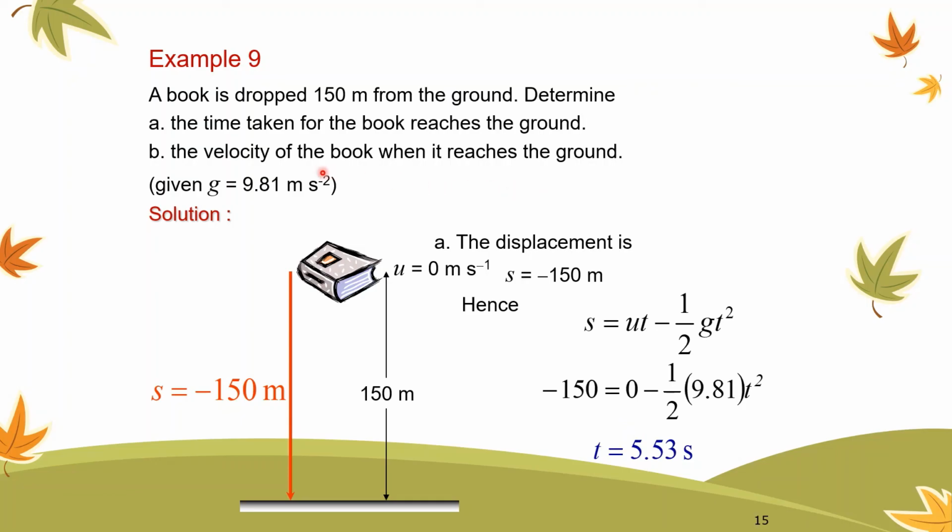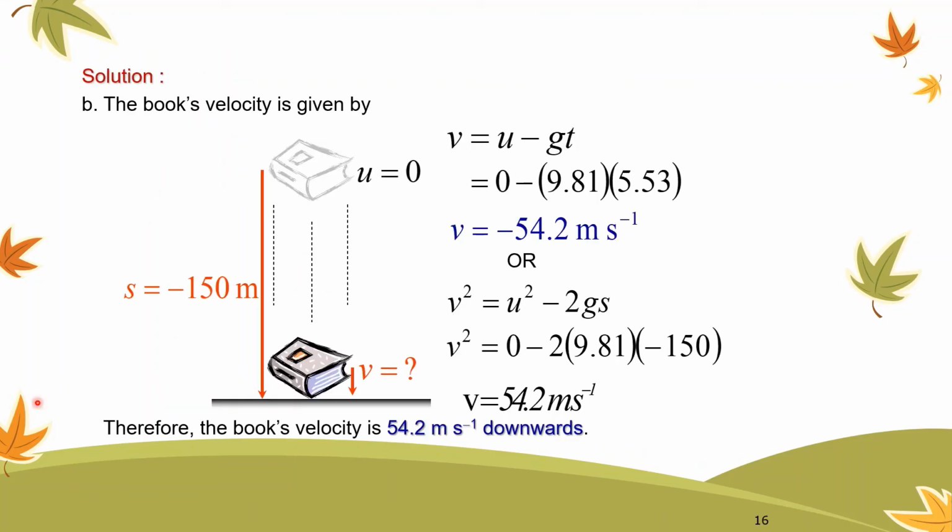For the second question, determine the velocity of the book when it reaches the ground. We can use either the equation v equals u minus gt or v squared equals u squared minus 2gs. Note that we know that u equals 0 and s equals negative 150 meters.